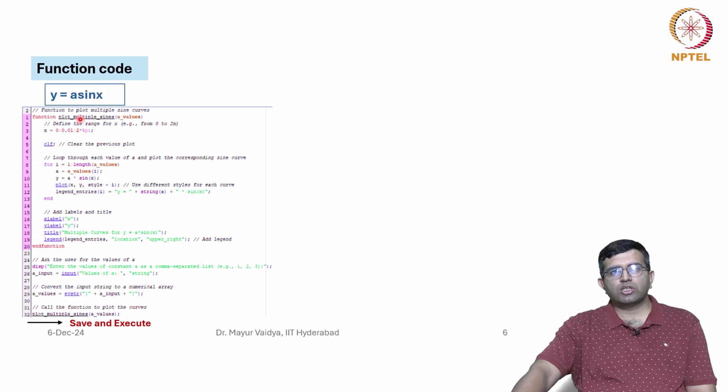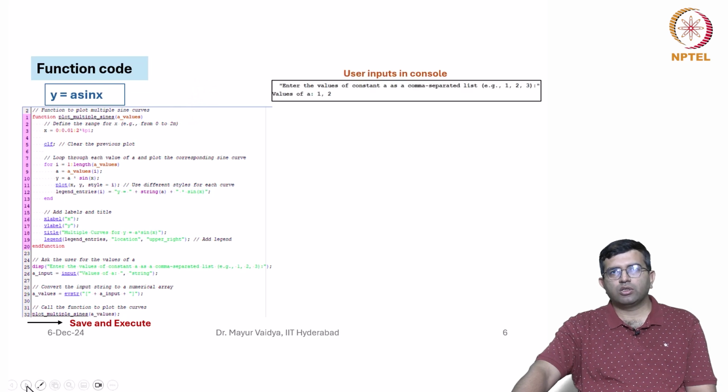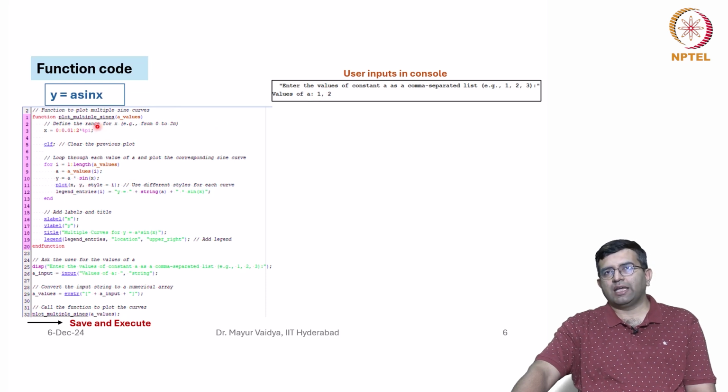So, this is the function to plot multiple sine a values. Now, when you click the save and execute button, which was somewhere at the top here, let us see how it happens. Enter the values of constant a as a comma separated list: 1, 2, 3. Let us say I entered 1, 2. Now, for each a, it will calculate y is equal to a sin x for each x.